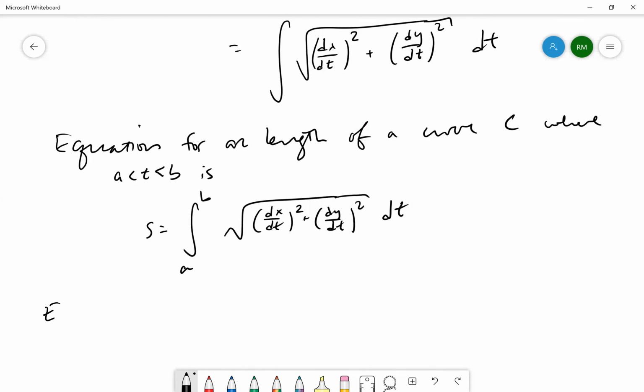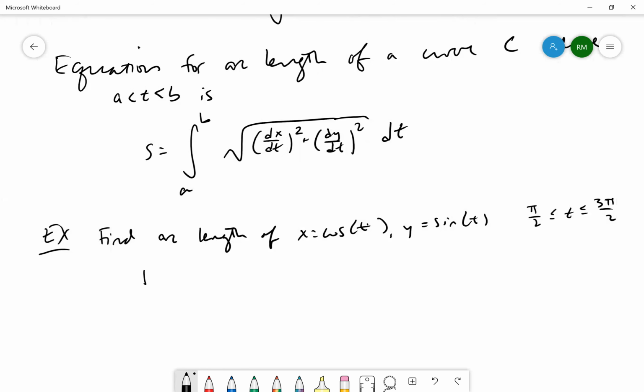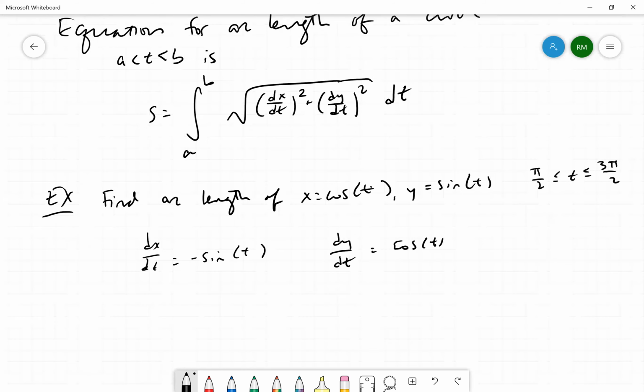So let's do an example, see how it's done. Let's do it in this range. So let's find out. Well, dx/dt is minus sine of t. dy/dt is the cosine of t.